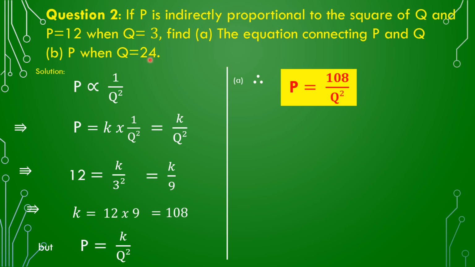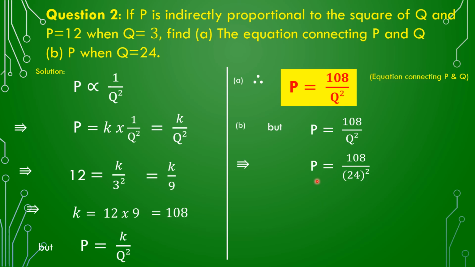So let's go further to solve for question B. Question B says that we should find P when Q is equal to 24. What does it mean? We already know that P is equal to 108 divided by Q squared, and we are asked to look for P. So this is very easy to solve. P is equal to 108 divided by 24 squared, because our Q was given as 24.